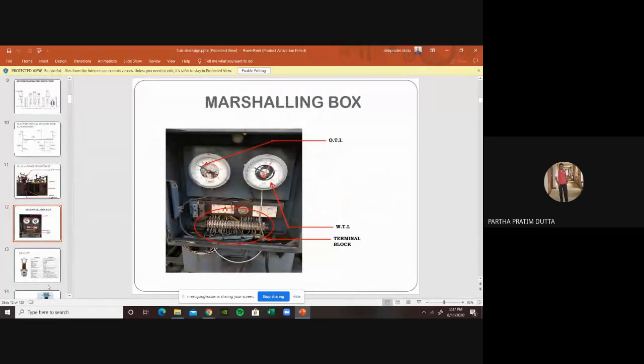You see the OTI and WTI, the oil temperature indicator and winding temperature indicator, and the terminal box, from where the signal is fed to the control panel of the transformer, where the trip circuit may be activated according to the parameters we usually set in the relay system.